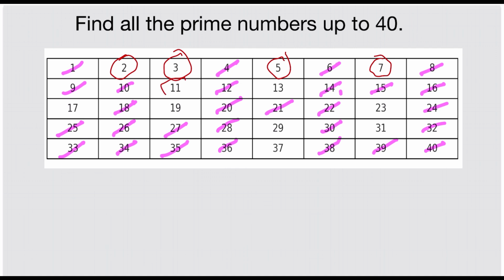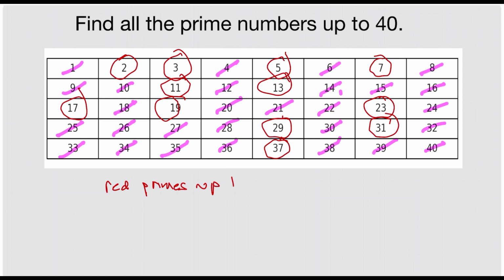Now we've got 11, 13, 17, 19, 23, 29, 31, and 37. So in the red, those are our primes up to 40. So that's how the sieve worked.